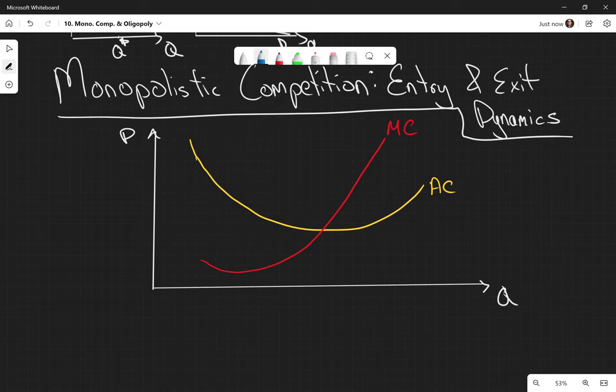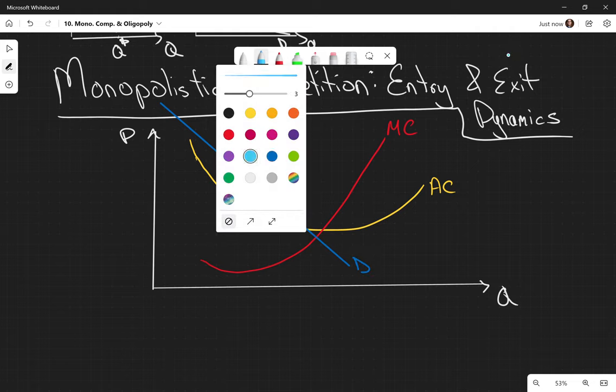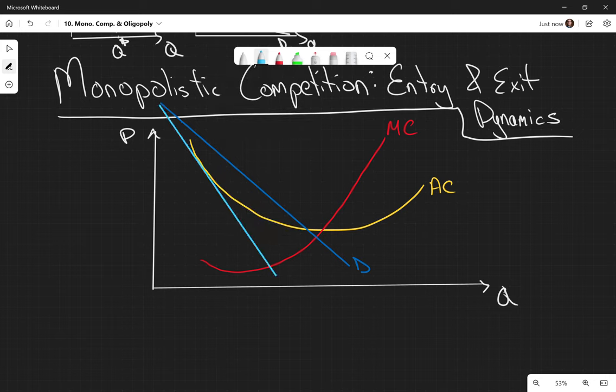So we start out somewhere like there. And so in all three of these market structures, we're going to produce where the marginal revenue is equal to the marginal cost.